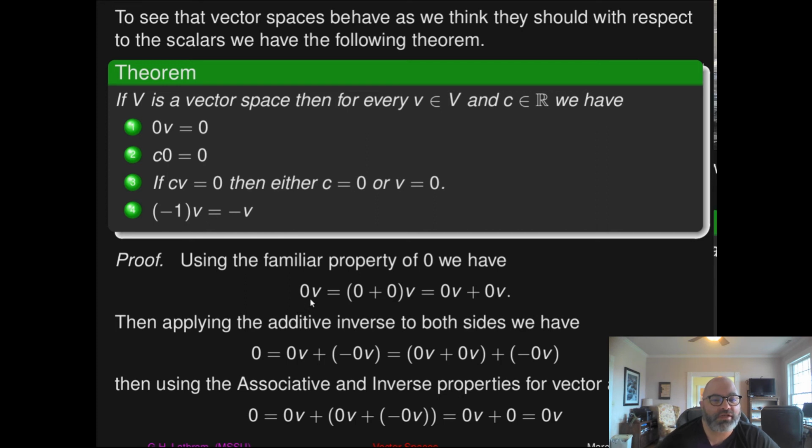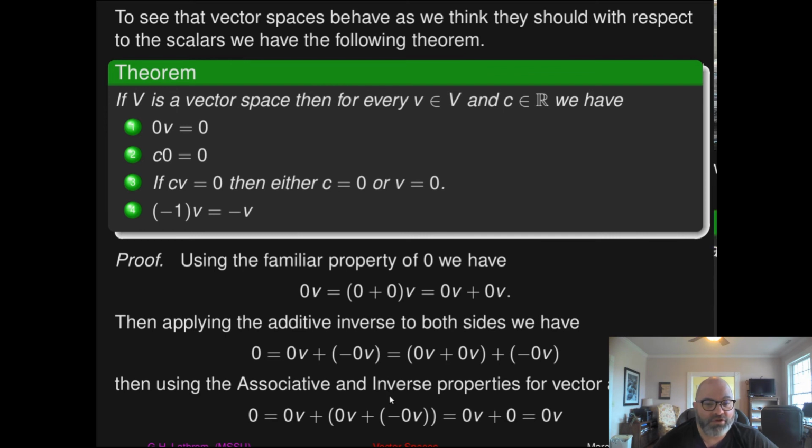If we start off with 0 times V, one property of the real numbers is that 0 plus 0 gives us 0. Applying our distributive property, that gives us 0 times V plus 0 times V. Then applying the additive inverse to both sides, the 0 vector is 0 times V plus negative 0V. So we've got 0V plus 0V plus the additive inverse of 0V.